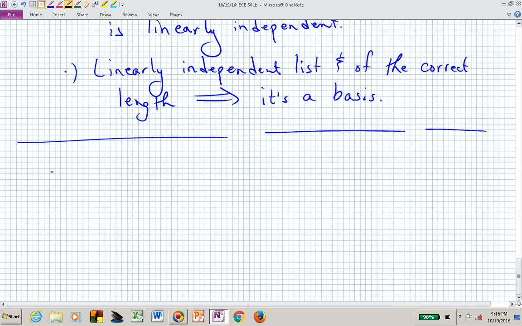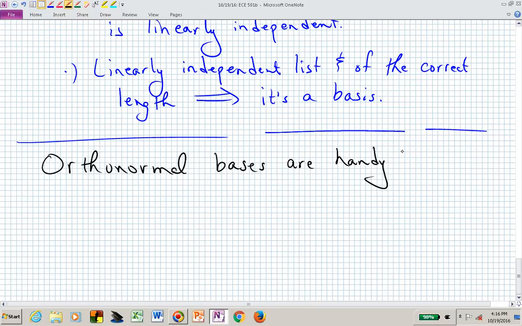And these are actually quite handy. Orthonormal bases. We could have many different orthonormal bases for a given vector space. Orthonormal bases are handy because it's easy to use those to actually decompose vectors.